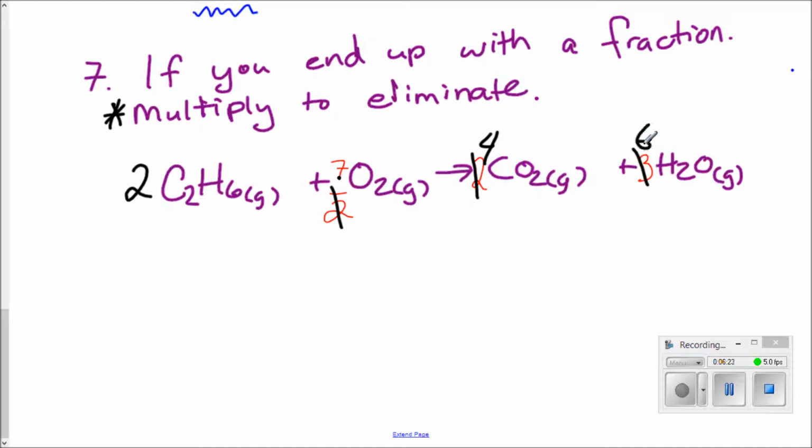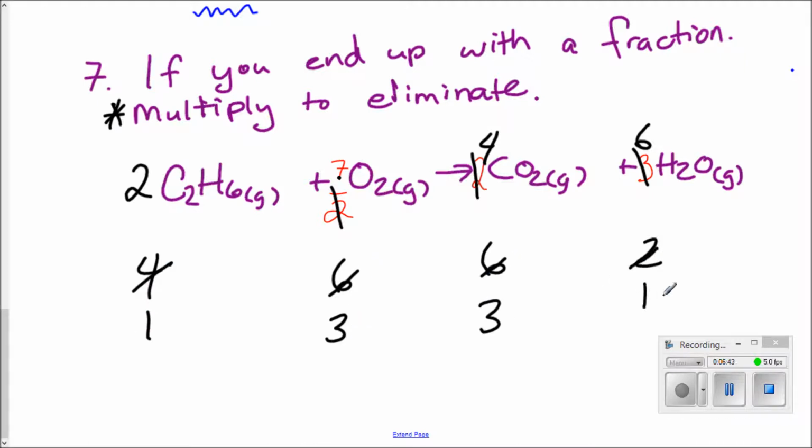So you can multiply a number into each one of these, and you want to have the lowest balanced set. So if I had, again, 4, 6, 6, 2 in my balancing, remember you can also reduce that. You want the lowest possible. So it would be 1, 3, 3, 1.